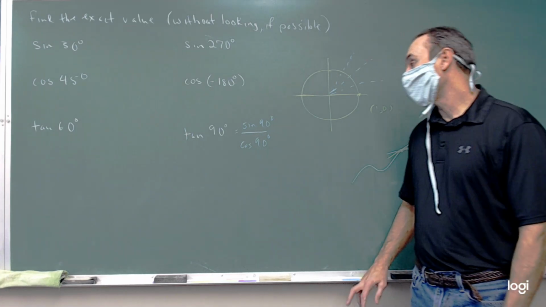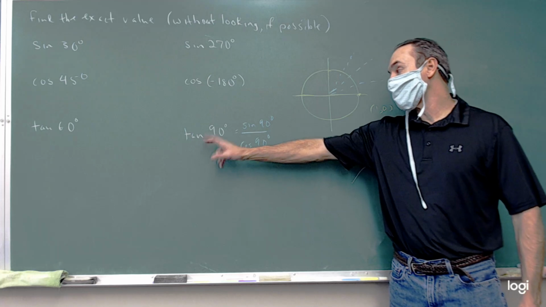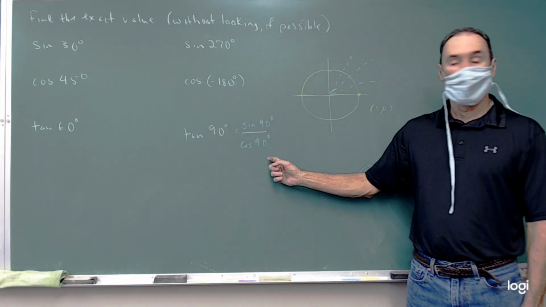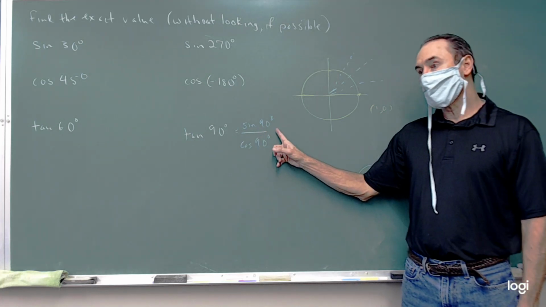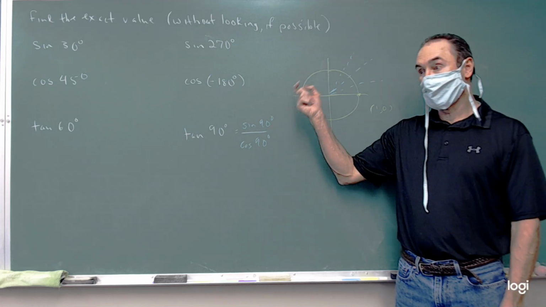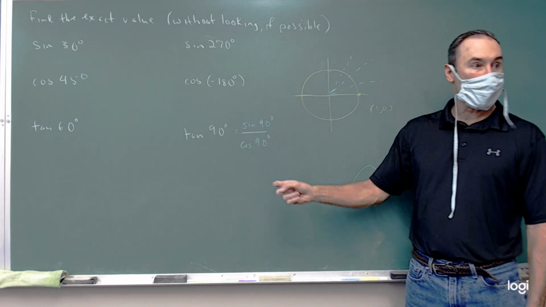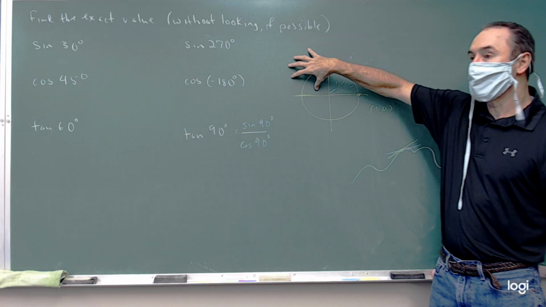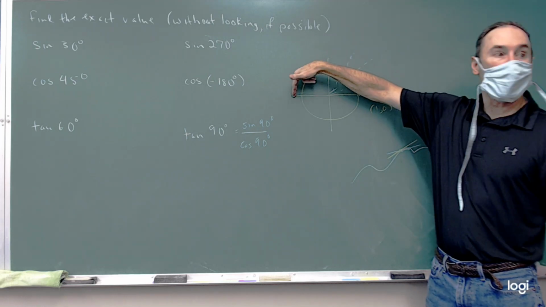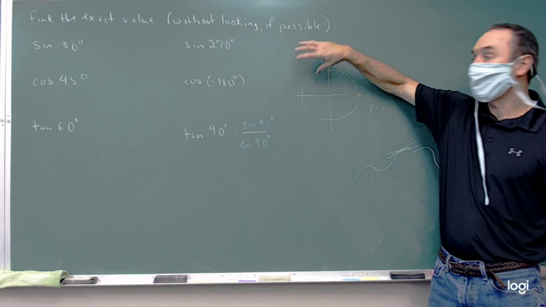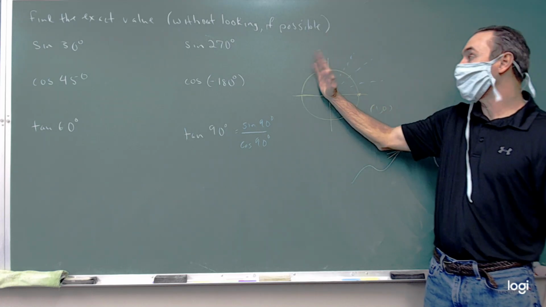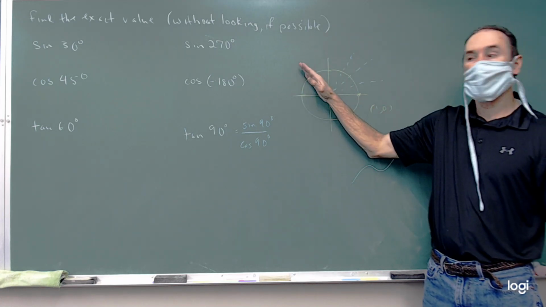So what Ronan is saying is that because tangent is defined as sine over cosine, and we know the sine is the y-coordinate of the point on the unit circle and the cosine is the x-coordinate, in quadrant 2, where you have a negative x value and a positive y value, the tangent of any angle in quadrant 2 is going to be negative.